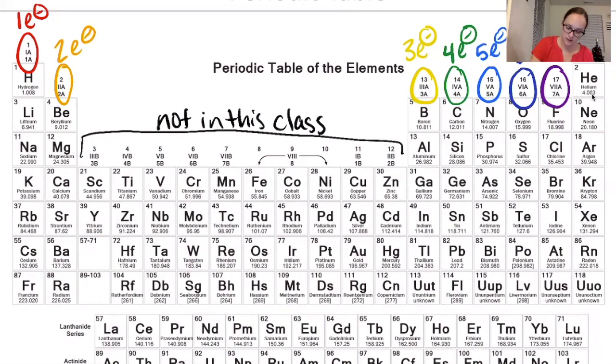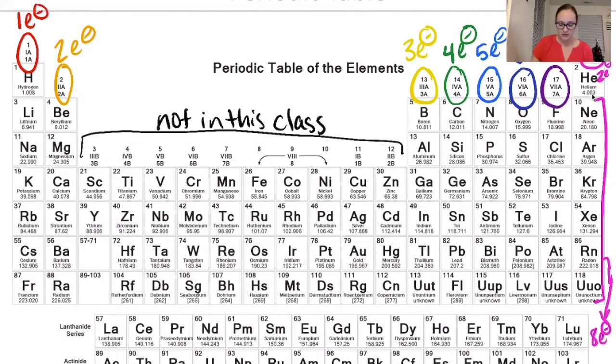And then one thing that's a little bit funky that we need to pay attention to is that everything below helium in group 18 is going to have 8 valence electrons. Helium itself, there's not quite enough room, so we're going to write it down here. Helium is going to have 2 valence electrons because it does not have enough room to have a full octet. It's going to only have those 2.